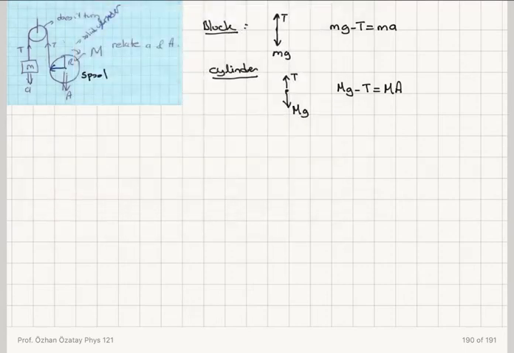without slipping, why is this rolling? Because I have a torque that is coming from the tension. So I write the torque with respect to the center point of the cylinder.